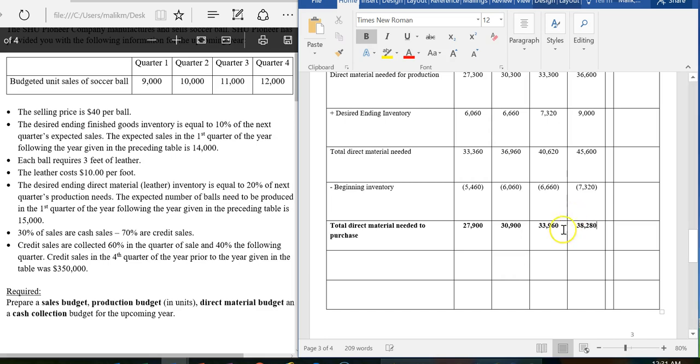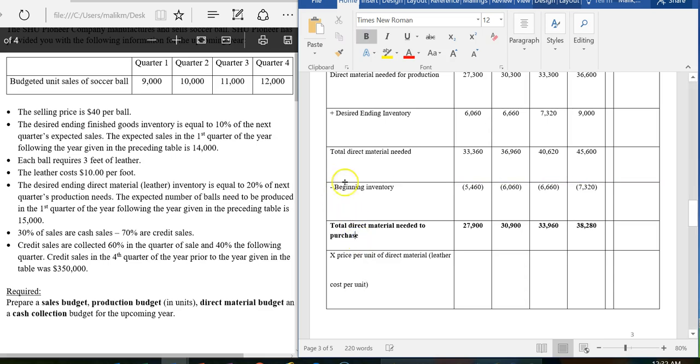This is the direct material they need to purchase. Now we will multiply it by the price of those direct materials. In this case, this is the cost of leather per foot. So we are multiplying by the price per unit of direct material, which is the leather cost per unit.